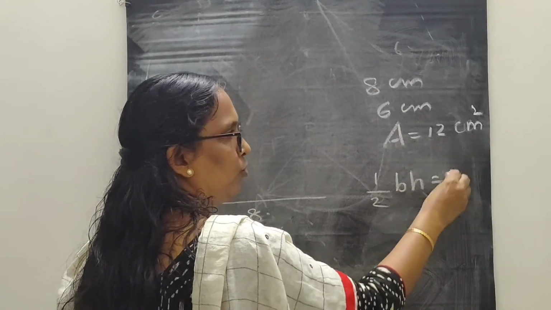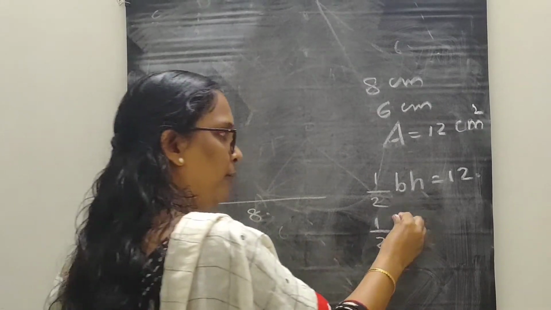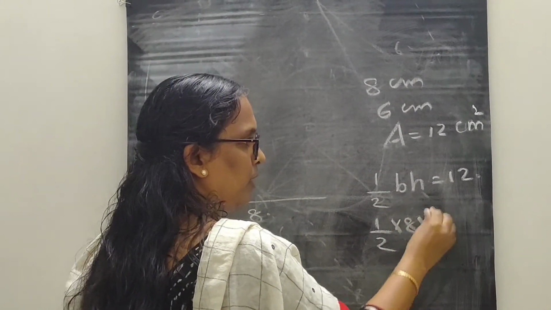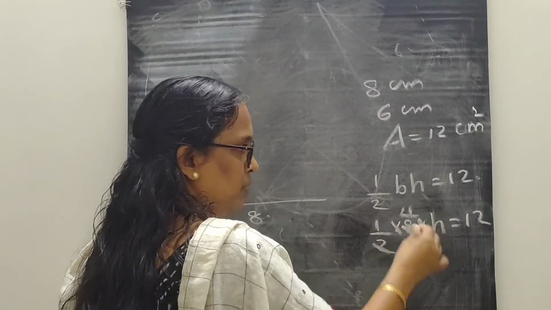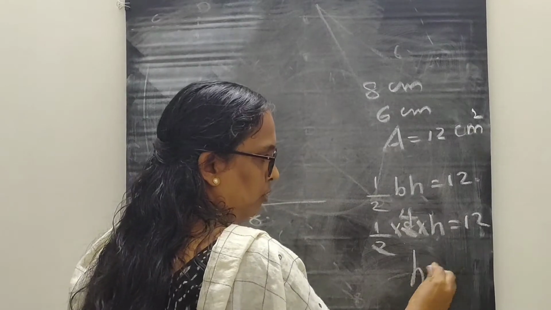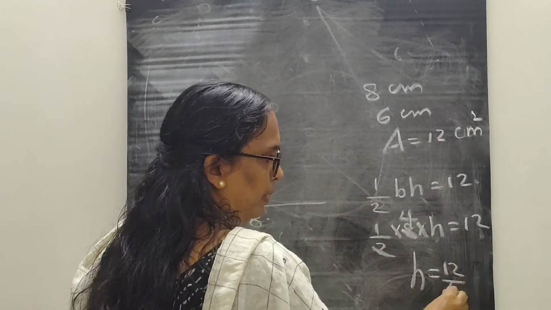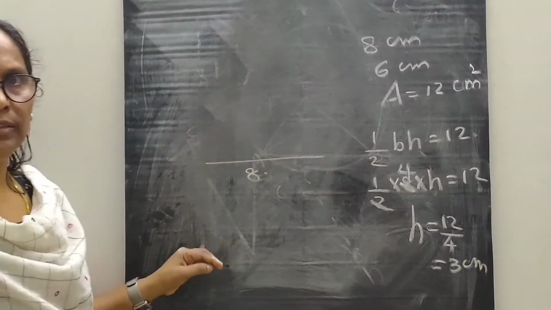It is equal to 12, given. Half into base, we take it as 8. So half into 8 into h equal to 12. Then 2 into 8, 4 times. So 4 into h equal to 12. So h equal to 12 divided by 4, it is equal to 3 centimeter. So the height is 3 centimeter.